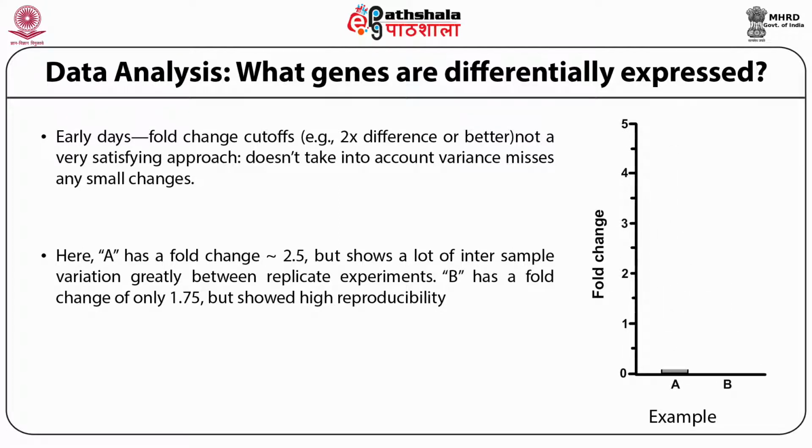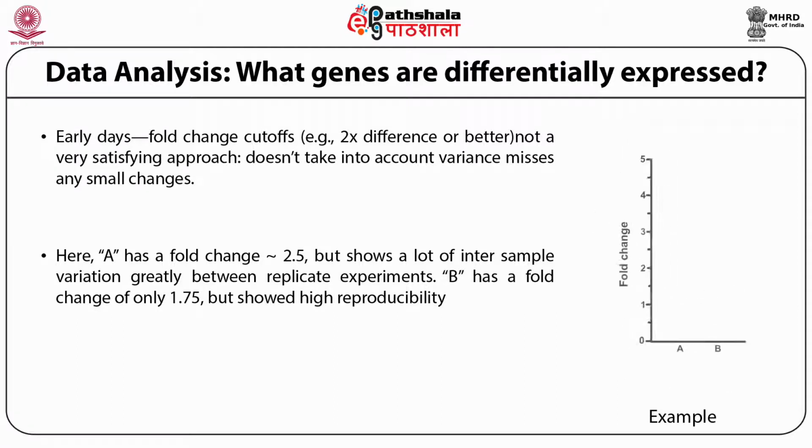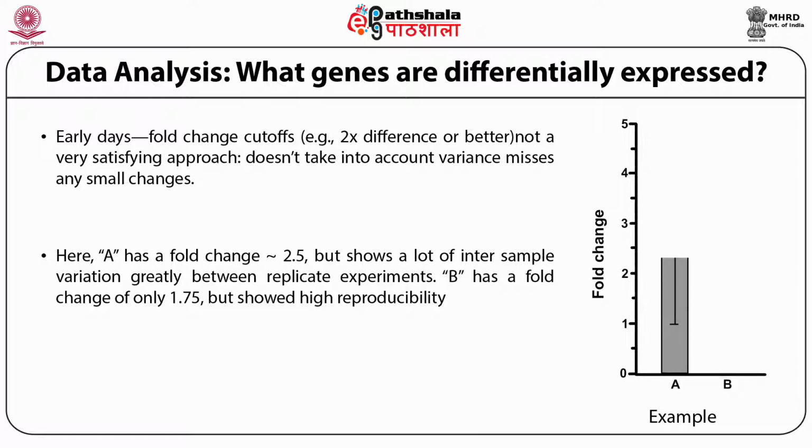In this histogram shown on the left-hand side, you can see that the first experiment, A, shows a lot of fold change, but look at the standard deviation, which is huge. That shows a lot of variation between those two experiments. That's not very reliable, and we're not going to get much interesting biology out of that.